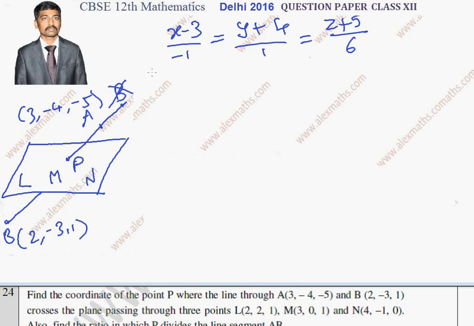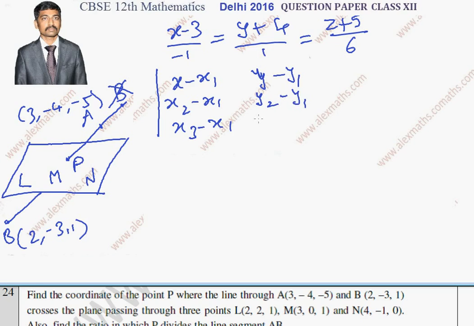Now coming to the equation of the plane. For the equation of the plane, we have a determinant formula: x minus x1, x2 minus x1, x3 minus x1; in the same way, y minus y1, y2 minus y1, y3 minus y1; z minus z1, z2 minus z1, z3 minus z1 equal to 0.